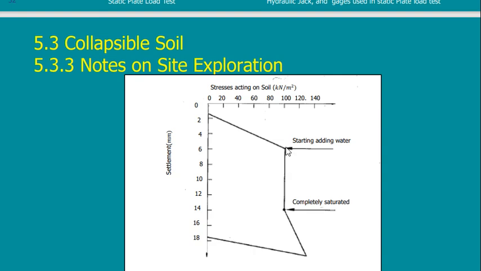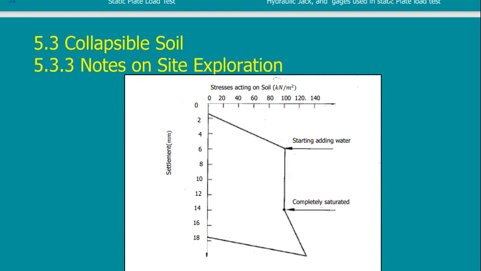At this location I don't have any additional settlement. But if I add water and I have settlement, it means that the water affects the characteristics of the soil, and under this pressure I will have a drop.